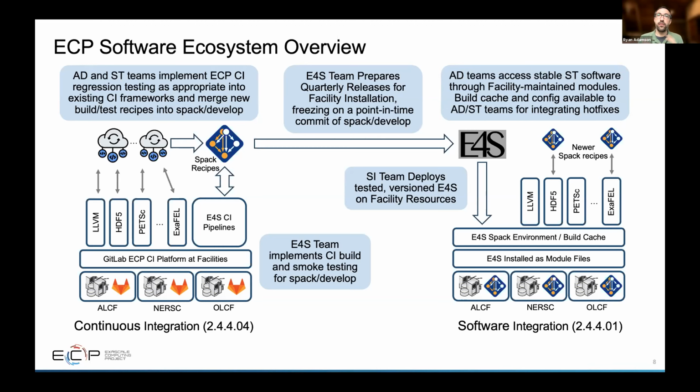And those platforms now are available to software development teams, as well as end users and facility integrators at the platforms. We encourage software teams in the ST area of ECP to use it, but we also understand that these ST teams have a lot of other build and testing pipelines.